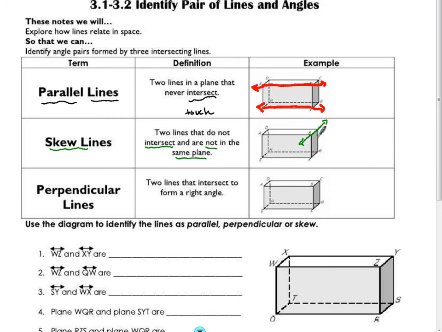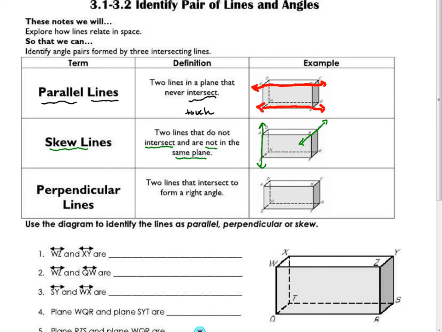It's not on this surface or this surface, but it is included somewhere else. For example, like AE. If I would extend AE forever, that line would be skew with the line BC. Skew.